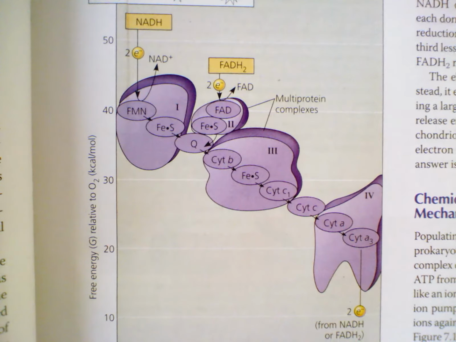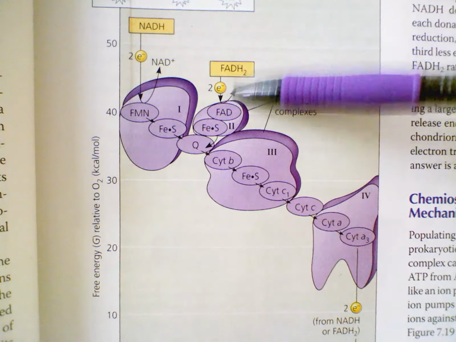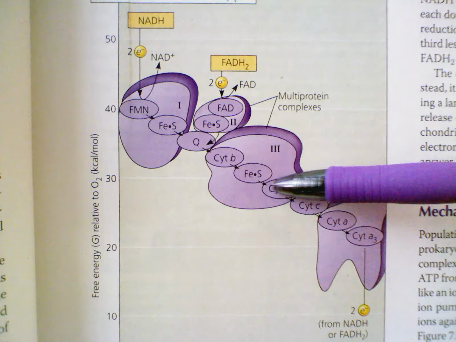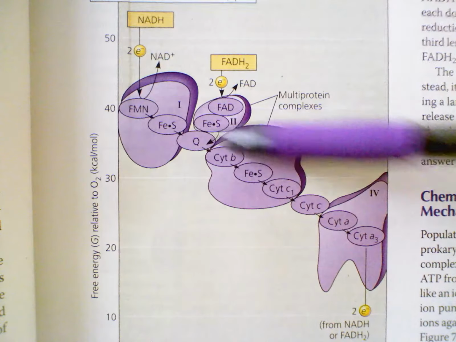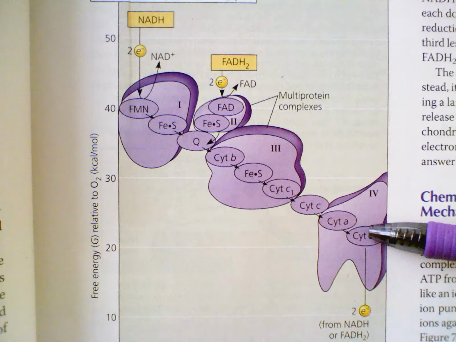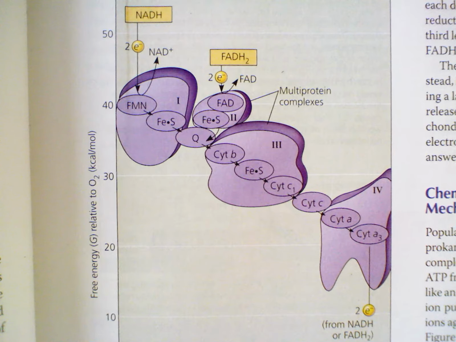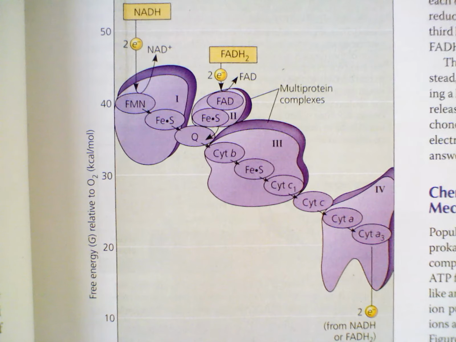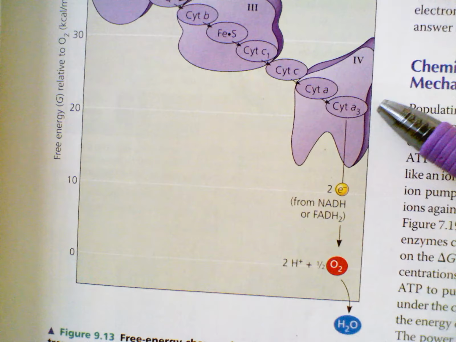And what we're going to see happening is electrons are going to come in from the NADH and the FADH2, and they're going to fall down the series of cascades of proteins. And they're actually being pulled down these little stair steps, and the whole way down, they are releasing that stored energy. And that energy is going to be used to pump hydrogen ions outside of the mitochondrial membrane to set a concentration gradient.